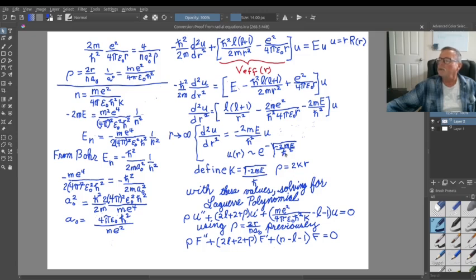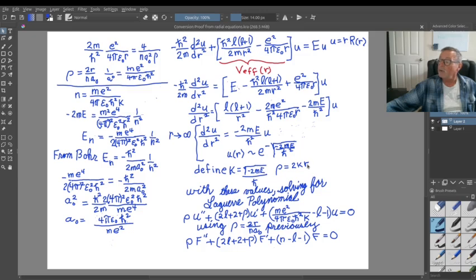Now what I'm going to do is define k to be this constant. That's the square root of 2mE, and I brought the h bar squared out of the square root, so it's just h bar. What I'm going to do is make a substitution that k equals this value. And so rho is going to equal 2 times k times r.